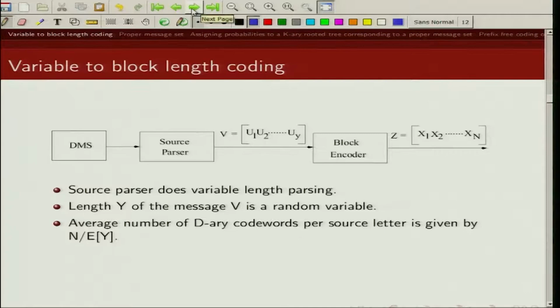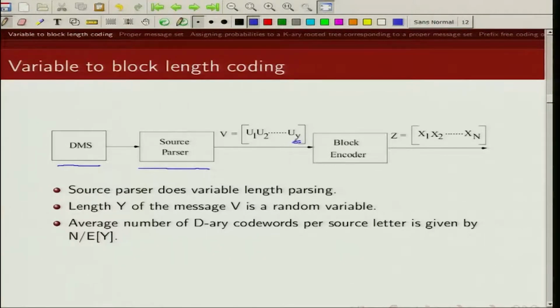So the problem that we are looking at is as follows. We have a discrete memoryless source which is emitting some symbols, and we want to design a source parser of variable length. What this source parser does is it takes these symbols and converts them into blocks of data where the block length is variable.